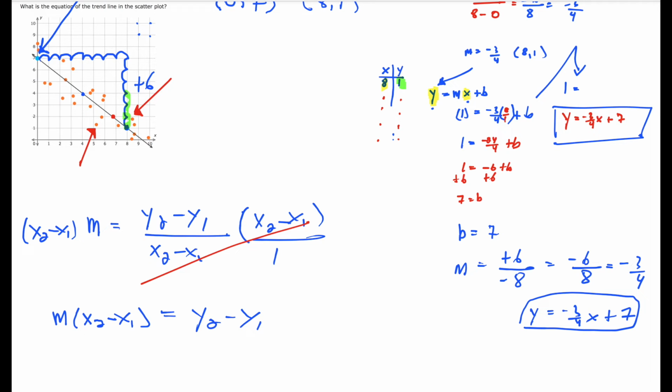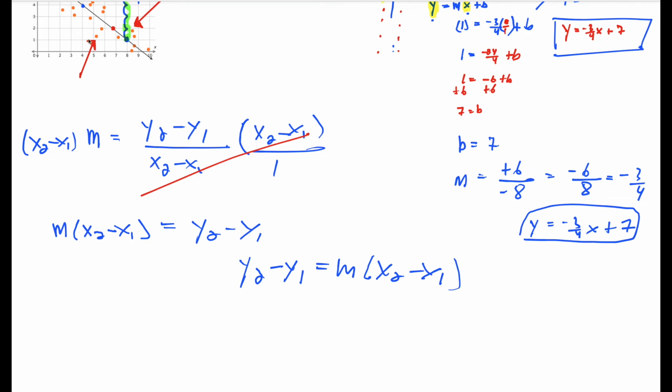Then I'll flip it around to get y2 minus y1 equals m times x2 minus x1. Then if I want to, I can erase the 2's and go y minus y1 equals m times x minus x1. That is the point slope formula.